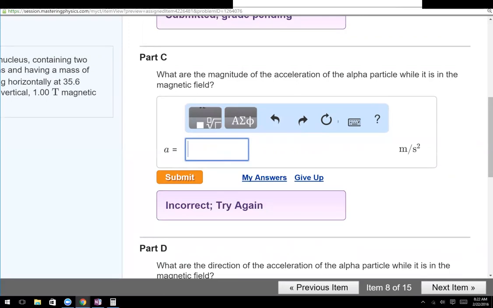The speed isn't changing, but the velocity is changing. Remember, velocity is a vector. Even though it's not changing speed, it is changing direction. If it's changing direction, that means you have an acceleration, right?